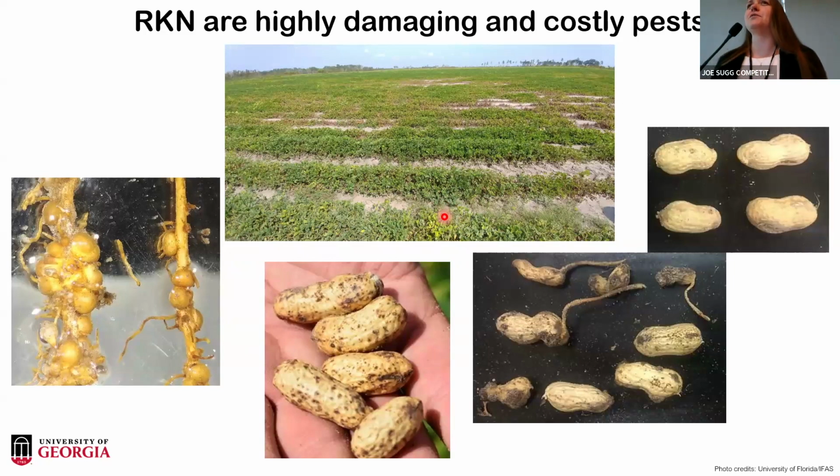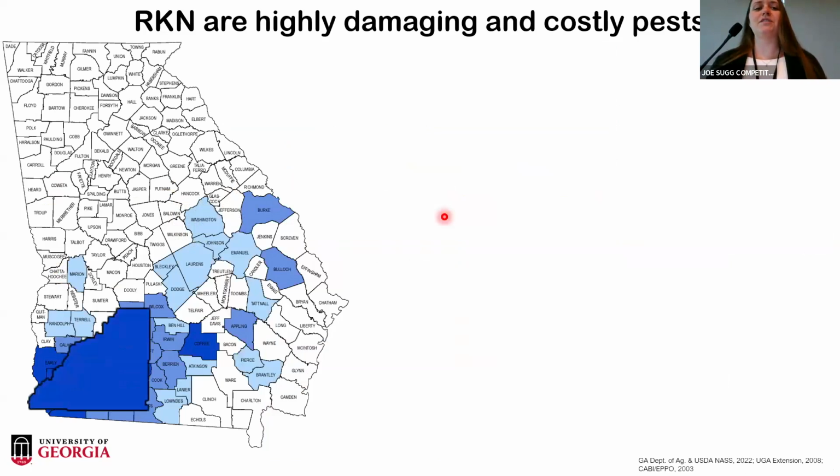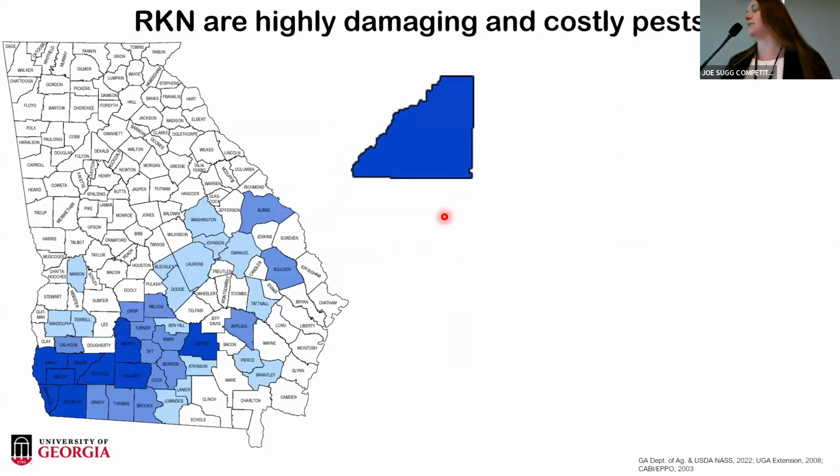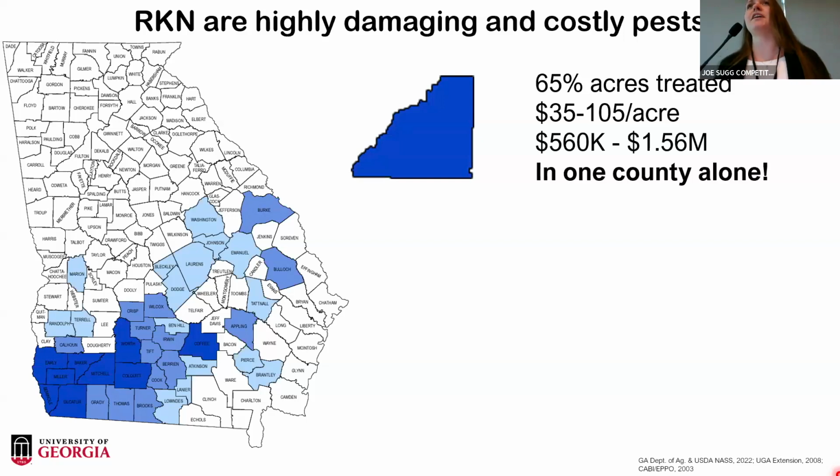Nematode management is also very expensive. A case study was done in Mitchell County, Georgia in 2021, where it was found that 65% of peanut acres were treated for nematodes at a cost of $35 to $105 per acre, totaling somewhere between $560,000 to $1.56 million in Mitchell County alone.